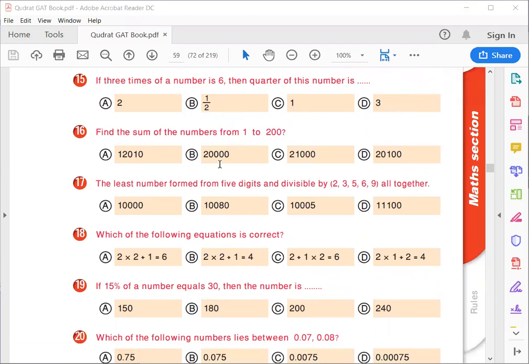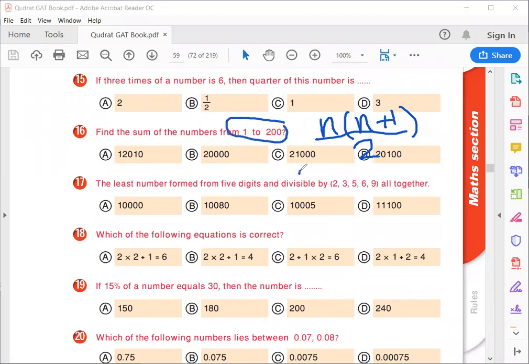Right. Now number 16. Find the sum of the numbers from 1 to 200. I have a rule here, a formula. If I want to get the sum, I write n times n plus 1 over 2. So only substitute. I have here 200 numbers.